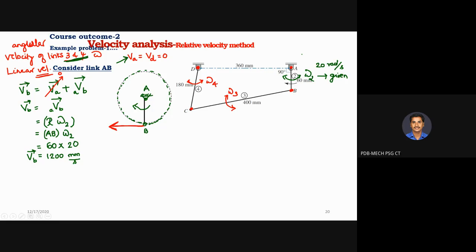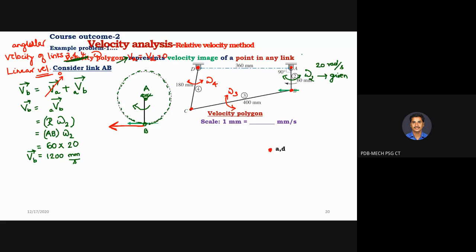Now how do we start to draw the velocity polygon? Once we know the velocities of some points, we immediately draw them in the velocity polygon. Before drawing it, we need to use some scale. Let me take the origin, the point where the velocity magnitude is zero.